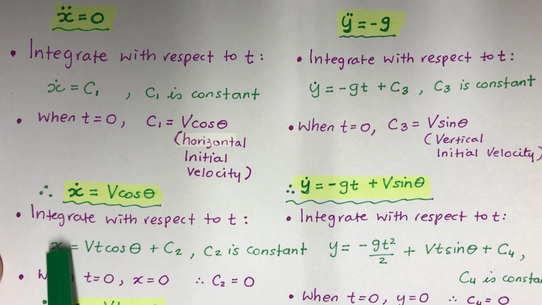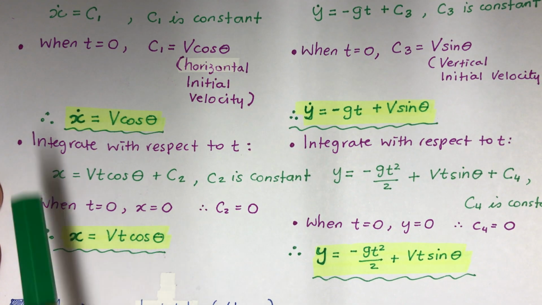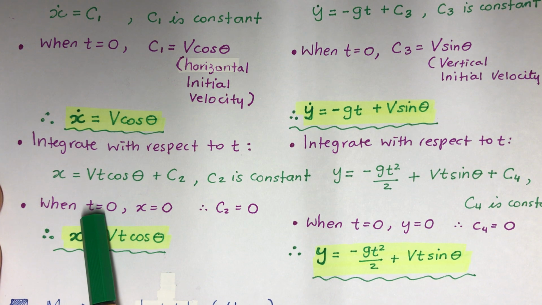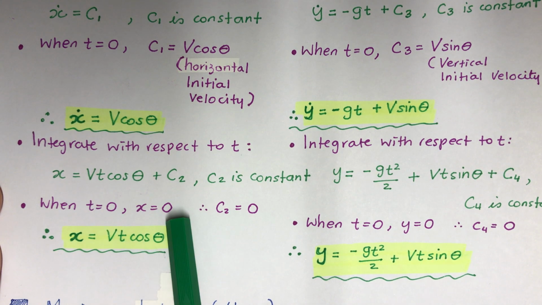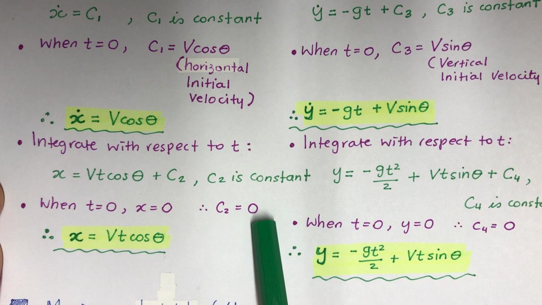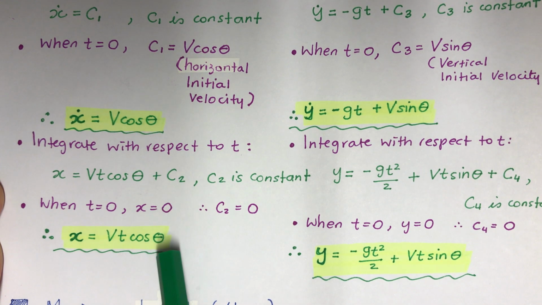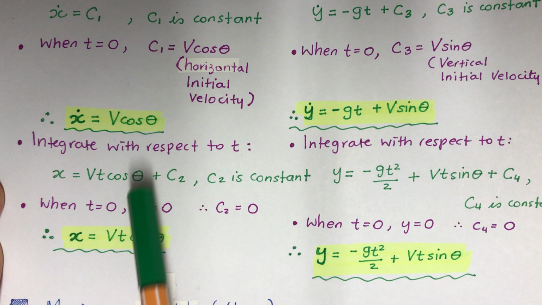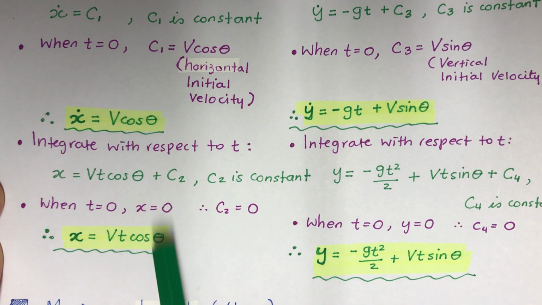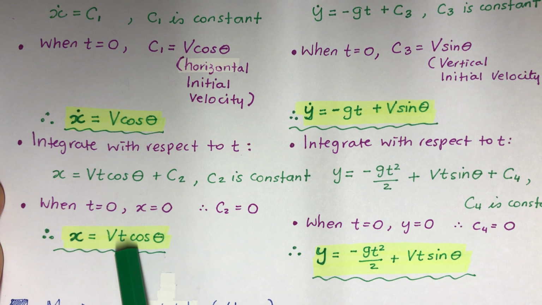So from x dot to x, equals vt cos theta plus c2. c2 is also constant. But we know that at the start, t equals 0, x equals 0, therefore our constant c2 is also 0. So our horizontal displacement is vt cos theta. Now remember, this is with respect to t, not with respect to theta. So cos theta is just constant here.